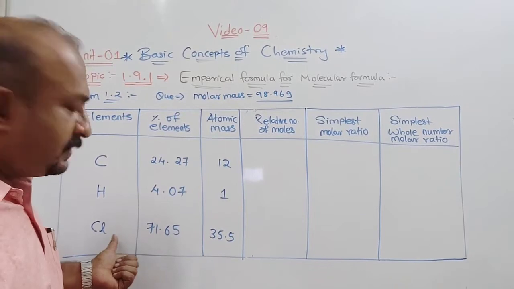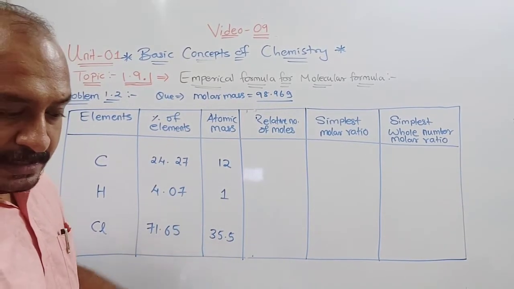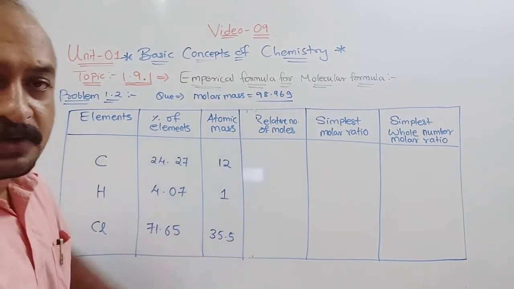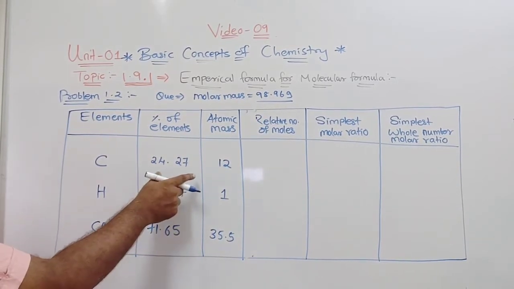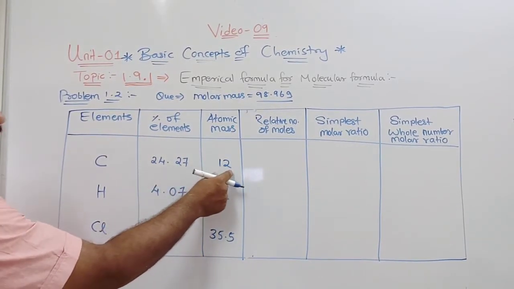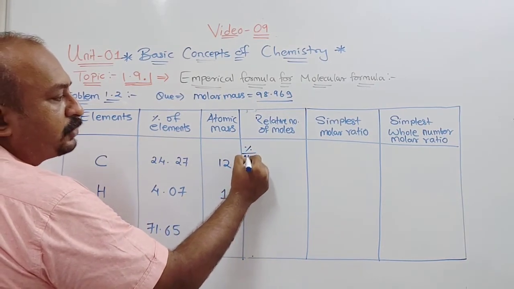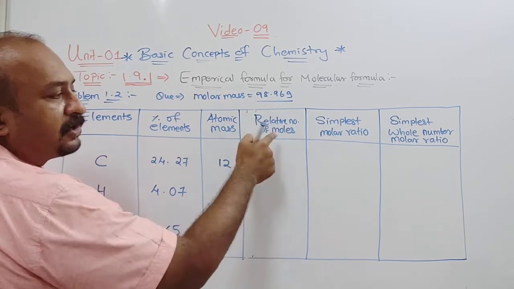Sorry for this, here it is not oxygen, chlorine is there, and chlorine atomic mass is 35.5. Now the next column, if you see, is relative number of moles. Now how to calculate relative number of moles? You will take this percentage and divide by atomic mass. Means percentage divided by atomic mass is the formula for finding relative number of moles.